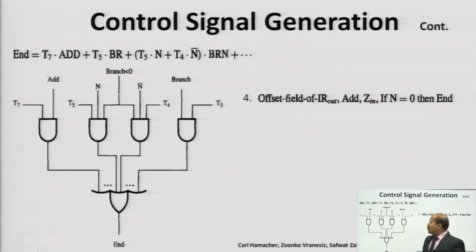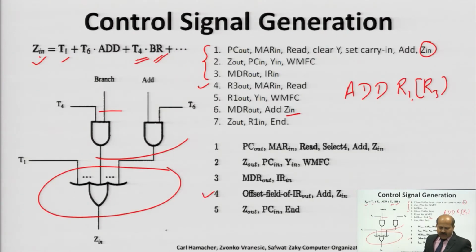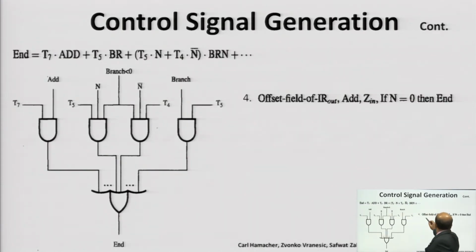in hardwired control. Let us take one more example, the End signal. In the same way, the End signal was issued in the 7th step, and in the 5th step when we are talking about unconditional branch, and when we are talking about conditional branch, it was issued in a different step. In a conditional branch, when a particular condition is met, only then branching occurs.